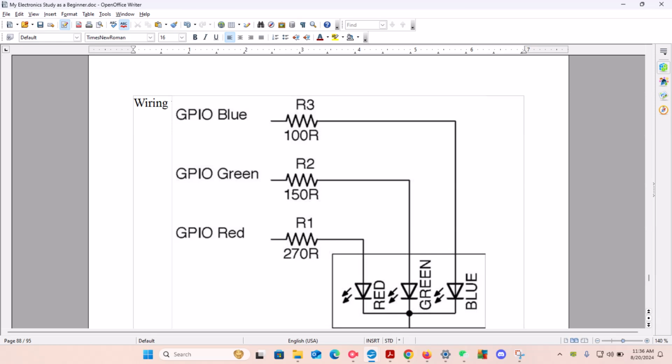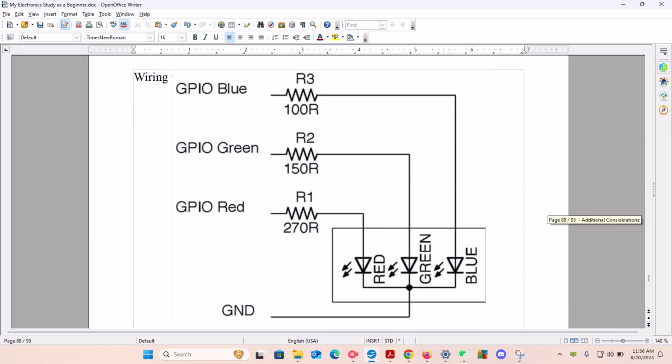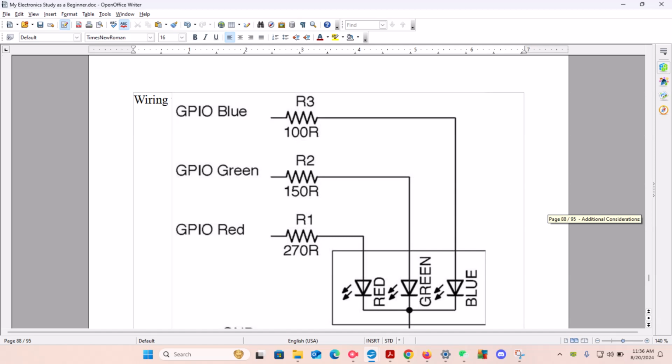For red, GPIO red, we have resistance 1, which has a resistance of 270 ohms. For resistance 2, the GPIO green, it is 150 ohms. And GPIO blue has resistance 3 of 100 ohms, which is almost redundant here.